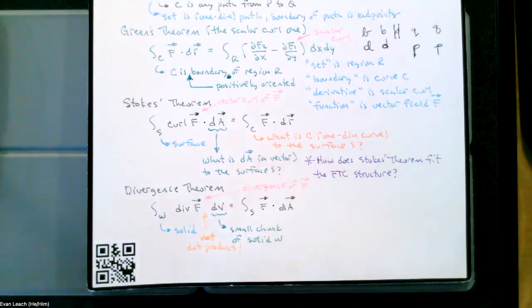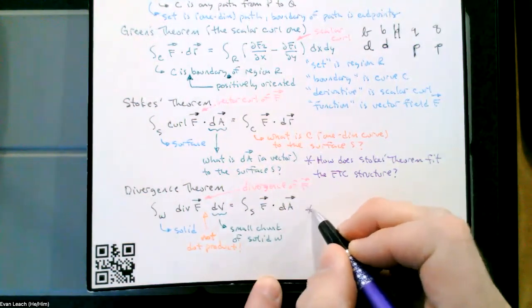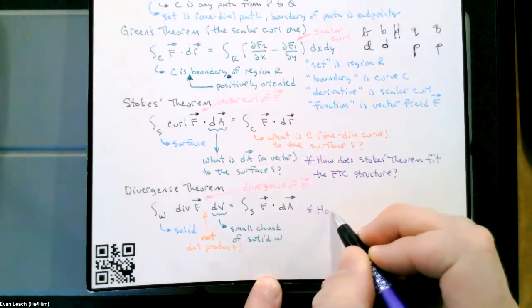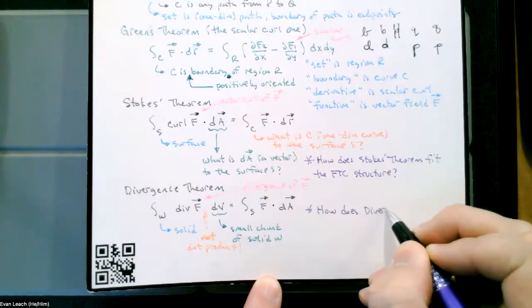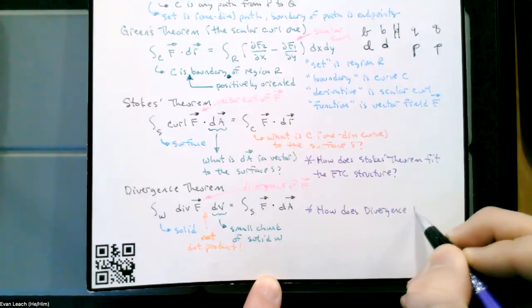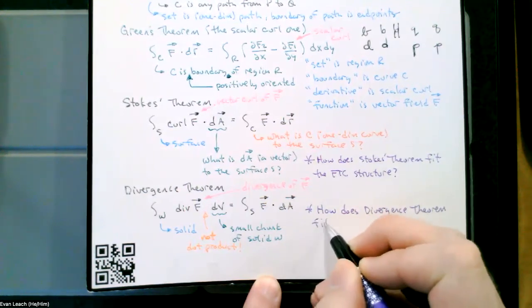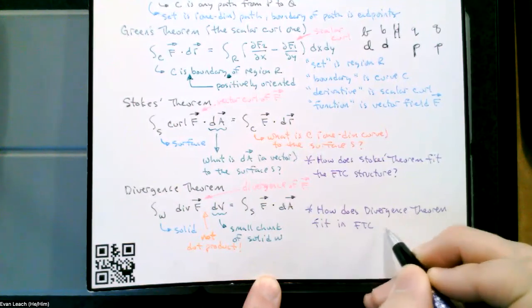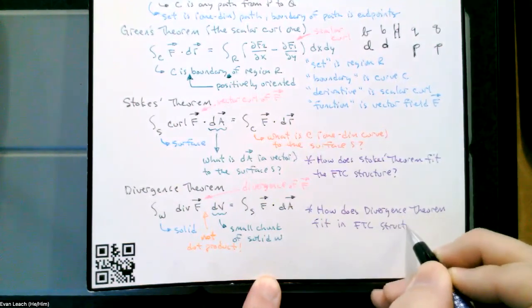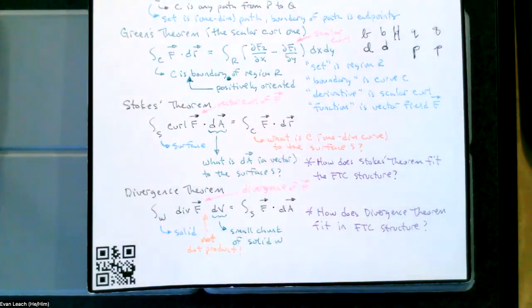And we want to know how the divergence theorem fits into our fundamental theorem of calculus structure. How does this fit with our fundamental theorem of calculus structure?